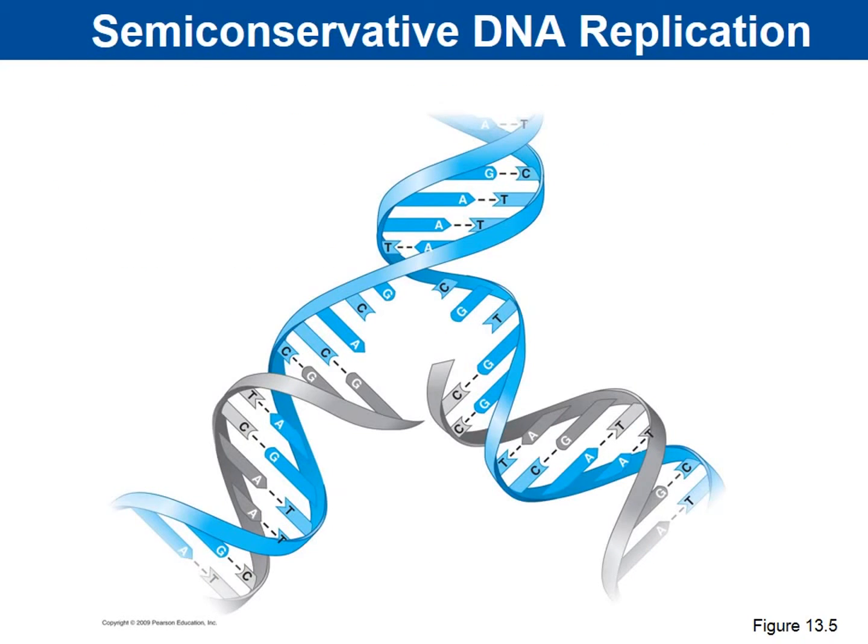This is just a diagram showing you semi-conservative replication. In this particular diagram, the blue one is the parental strand, and notice that it's opening up, and as it opens up, a new complementary strand is synthesized by reading the template strand.